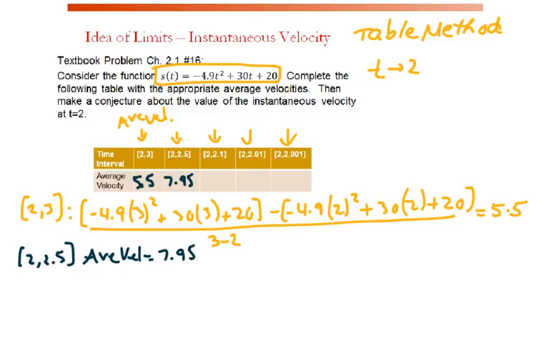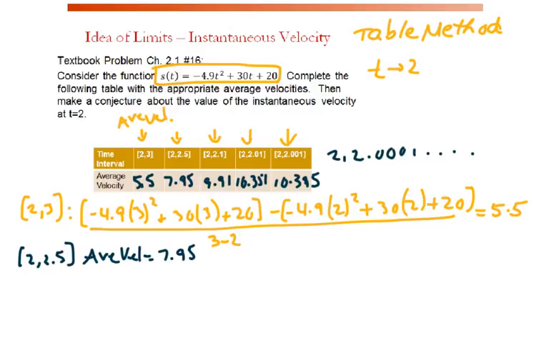The next one was 9.91, the next one was 10.351, and the next was 10.395. I could continue to go on. I could build another one if I wanted to, and I did not, but I could. I could add another decimal place and look to see what happens, and continue this, getting closer and closer to 2, but not equal to. When I do that, I can see that the limit starts to emerge.